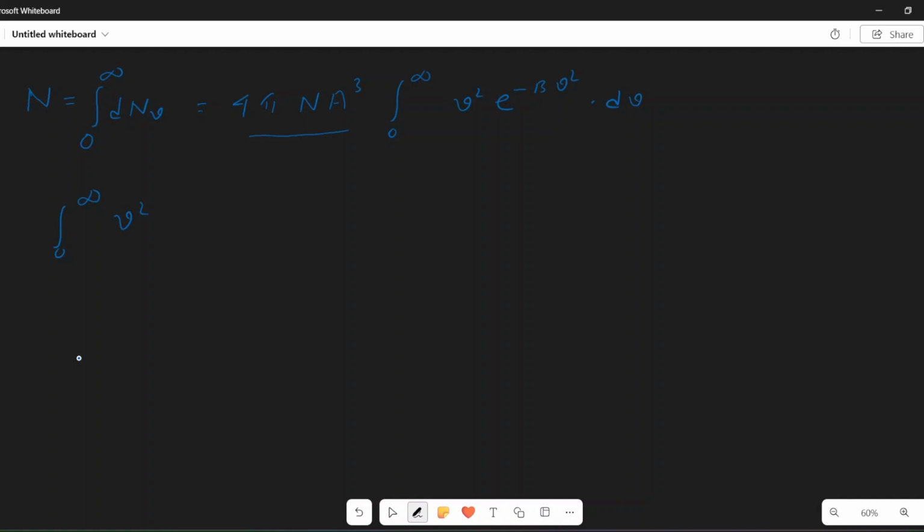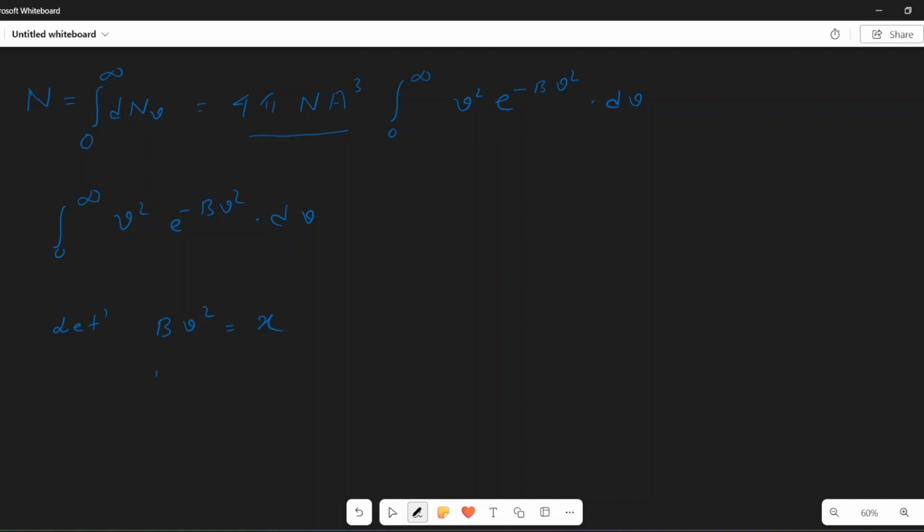If you are not greatly familiar with the gamma function, go and read about it, because it will be very useful to find this integration. To find this integration, first let b v squared be equal to x.